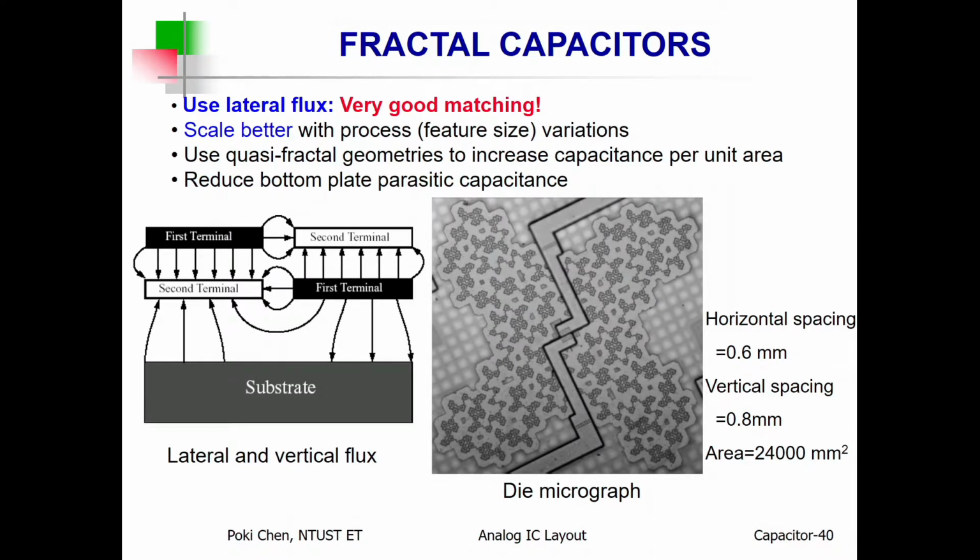But why? Simply because they would like to apply some mathematics called fractal geometry, 碎形几何, for capacitor layout. Wow, it's really amazing. They are not only good at analog IC design layout, but also very good at mathematics.